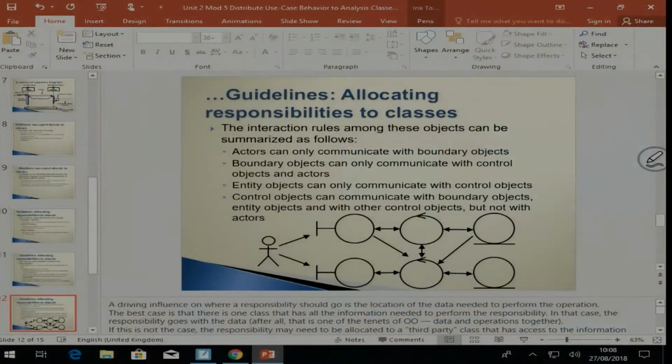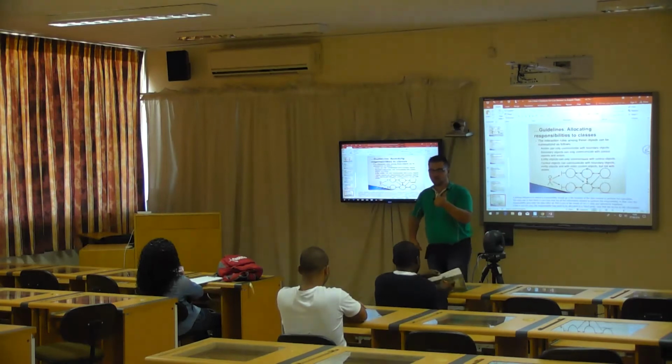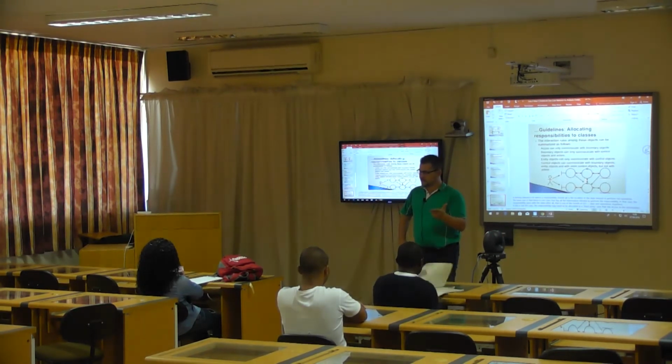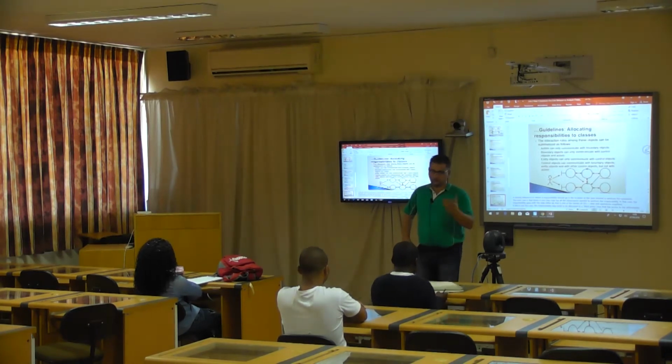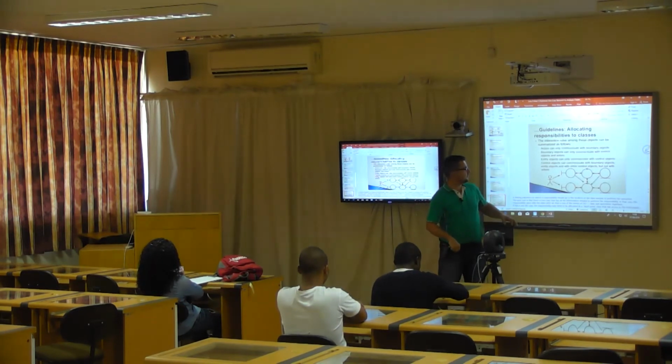When we look at this, actors, with who are they communicating? They are communicating with some boundary class. Now keep in mind that an actor can be a human, an actual person, or a device, or another system. And if they are going to communicate, the actor might use a form, or they may use a device or system interface, which in essence is some kind of API allowing us to access this information.